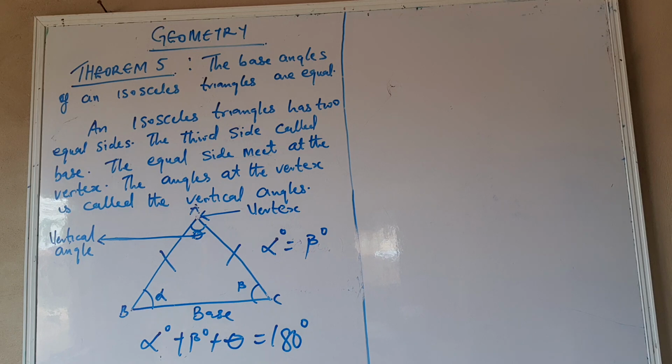And the other 2 base angles are said to be equal, and that makes it an isosceles triangle. So in an isosceles triangle, generally, out of the 3 angles, 2 are equal, and the last one is called the vertical angle. Do not forget that the sum of the 3 angles also sums up to what? 180 degrees.